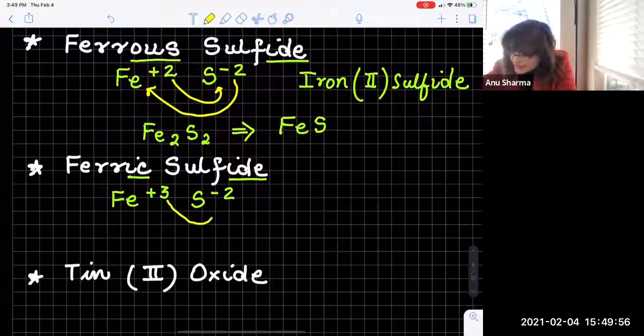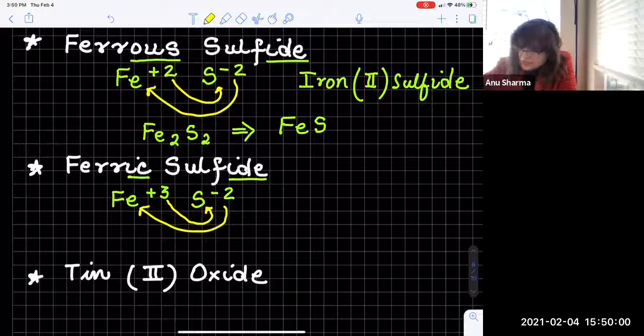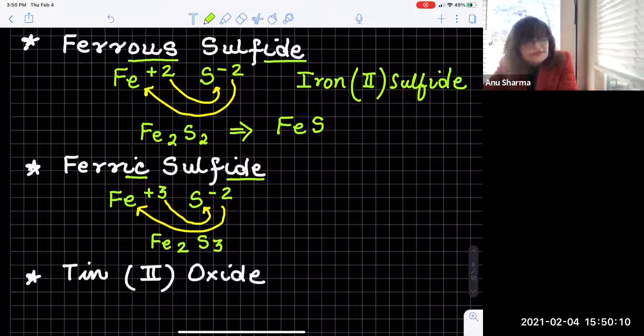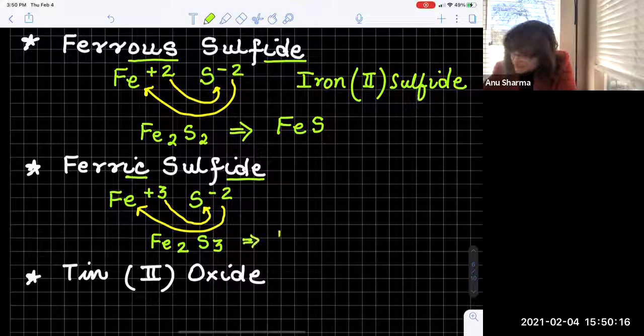So 3 comes here and 2 comes here. So this becomes Fe2S3. Since 2 and 3 cannot be simplified further, it is just as it is. The formula is Fe2S3.